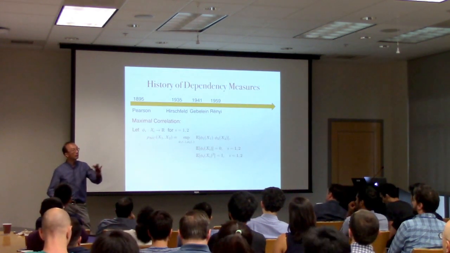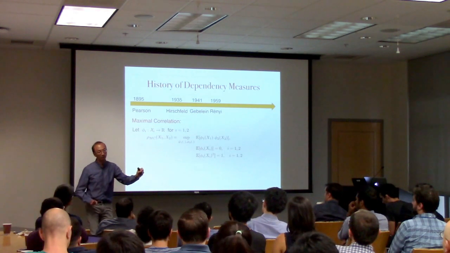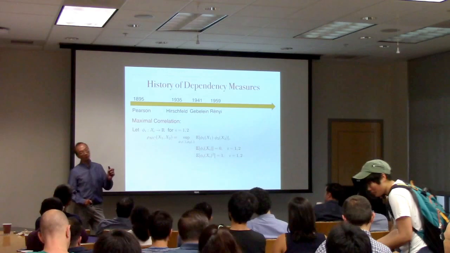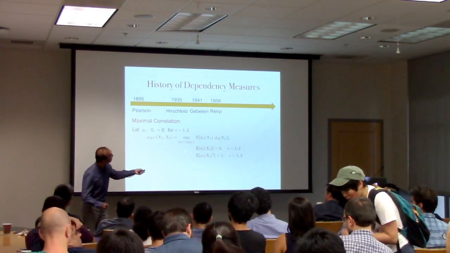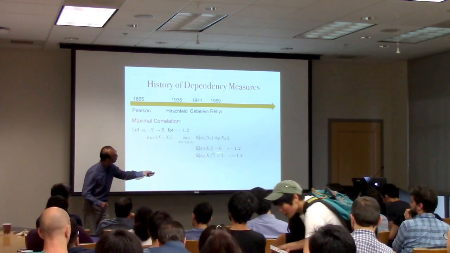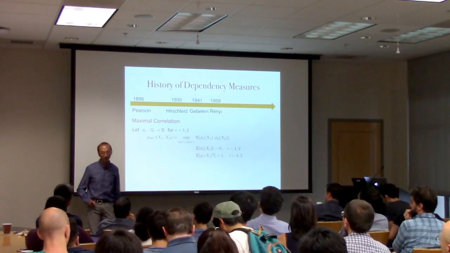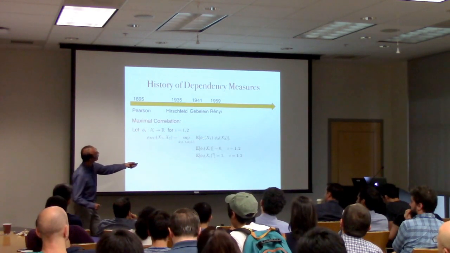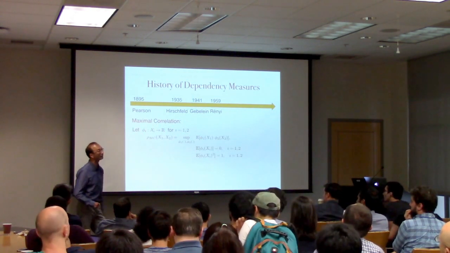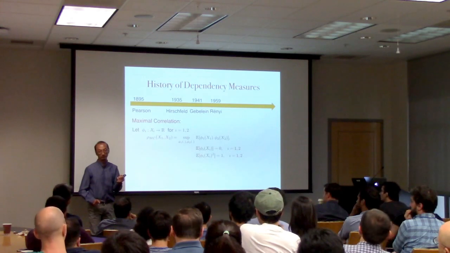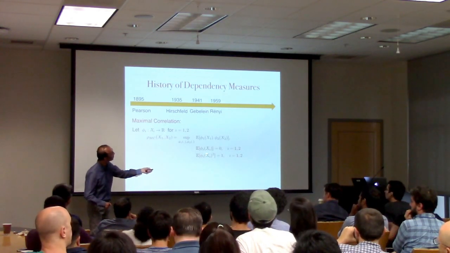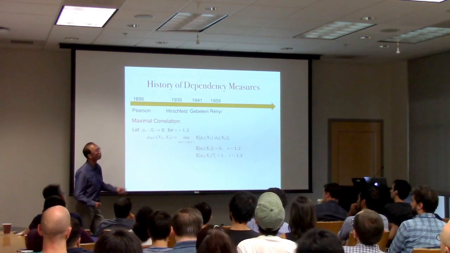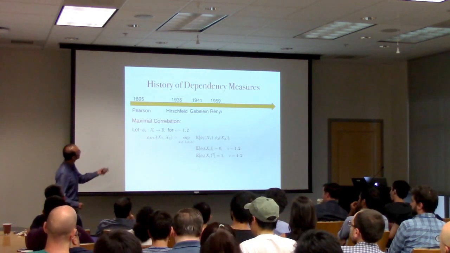In other words, we should not assume a particular labeling, but maximize over all possible labelings. The constraint is that they are centered with unit variance, so it's normalized. In the case of Pearson correlation, phi 1 and phi 2 are linear functions, and since they're centered with unit variance, there's only one such linear function. In general, you should allow a nonlinear function, and this is the definition of maximal correlation.